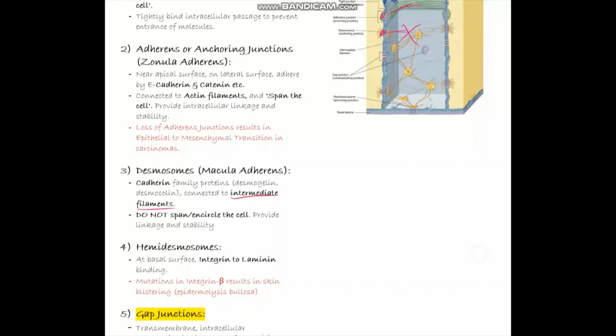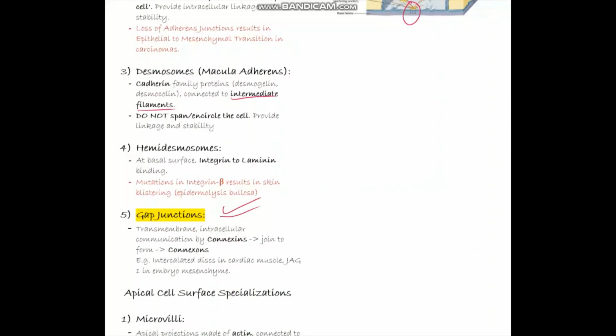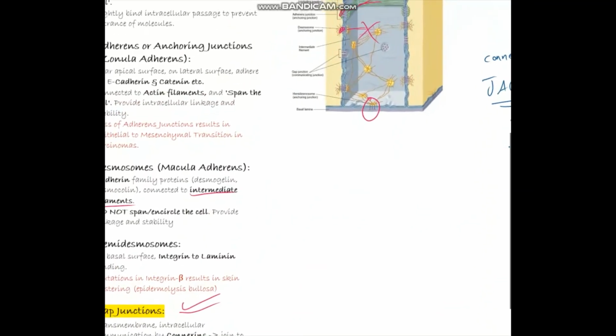And then we studied the hemidesmosomes in the basal surface. And finally, we went over the gap junctions that allow intercellular communication, and they contain proteins called connexins, connexons. A good example of this would be the intercalated discs in cardiac muscle, or JAG1 in embryo mesenchyme. All right, that's it for this video.